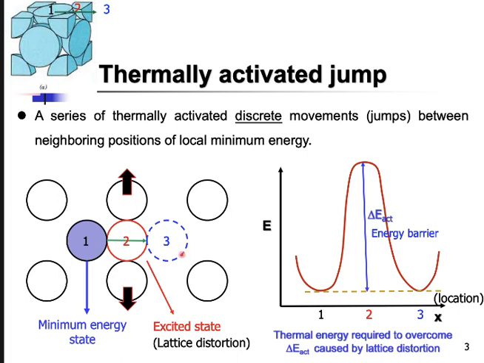Okay, so now if we take a look at this energy as a function of location, the energy difference between location 2 and location 1 we call delta E ACT. ACT is an abbreviation of activation energy, and some people also call this activation energy an energy barrier.